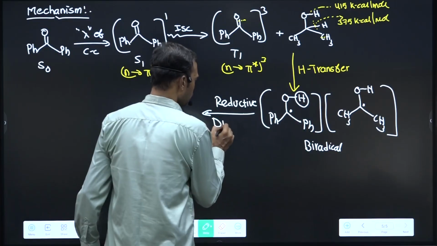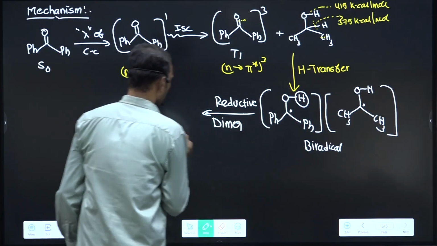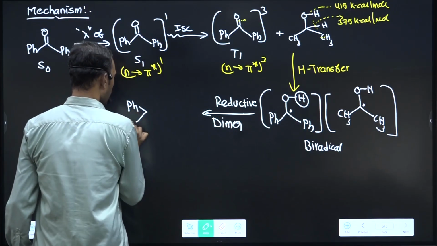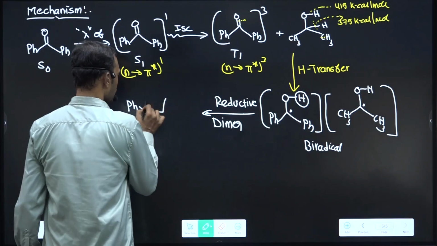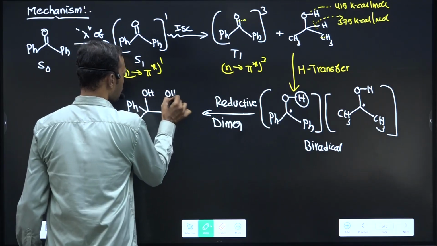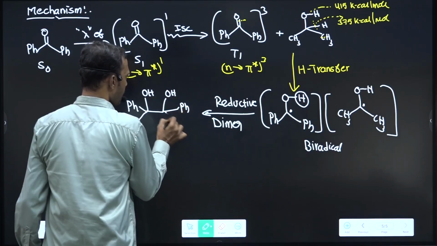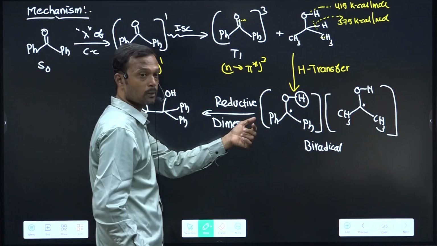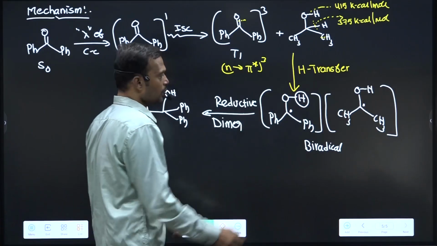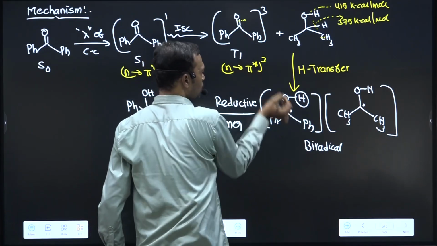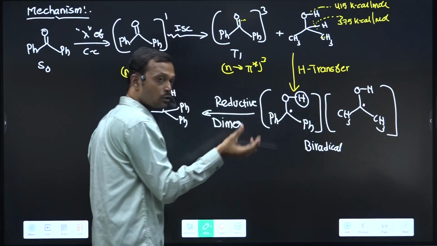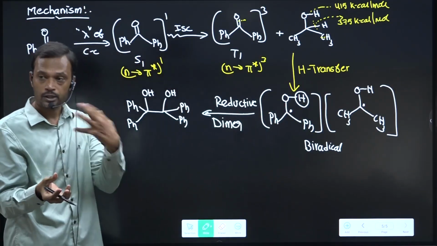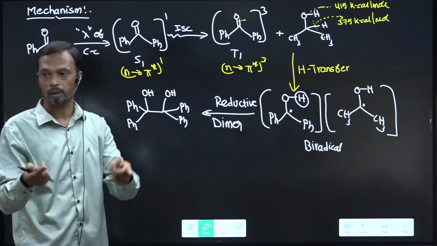Okay, so reductive dimer. What is a reductive dimer? Ph and here OH and here OH, two molecules. So this molecule combined with the same molecule, that is called reductive dimer. Why am I saying reductive? Initially this oxygen has no hydrogen, right now it is gaining one hydrogen. Gain of hydrogen is what? Reduction. Then it is undergoing dimerization, reductive dimer.